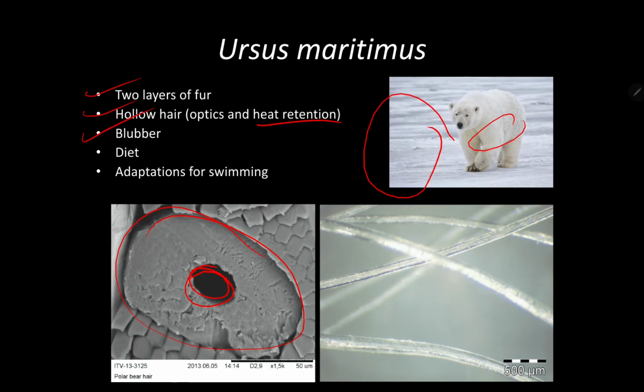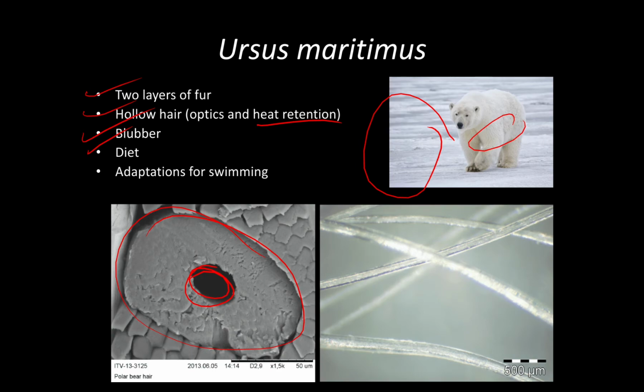Polar bears also have thick amounts of blubber. So these are fats that insulate heat, and blubber is very effective since it prevents heat loss even when the bear's swimming in polar waters. The diet of polar bears is also a very good example of how it keeps warm.